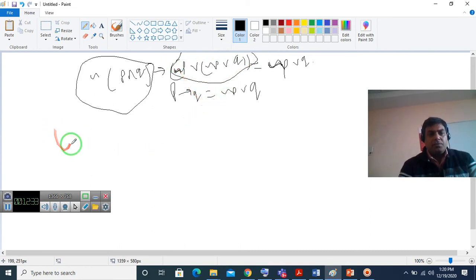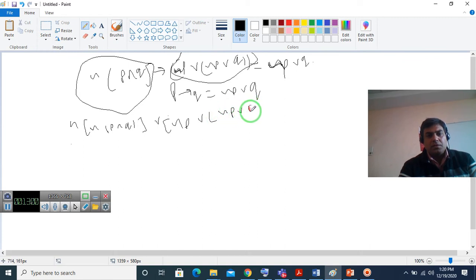So we should apply negation p conditional q or disjunction with q, which means negation of p disjunction, negation of p and q. So we should apply the double negation, it is cancelled, and it becomes p conjunction q and disjunction.